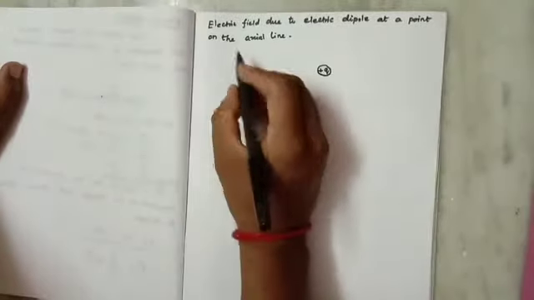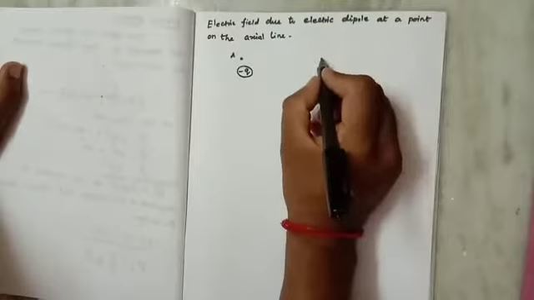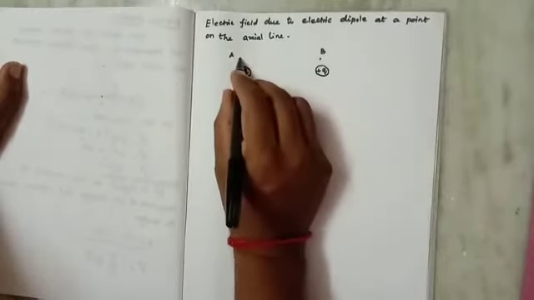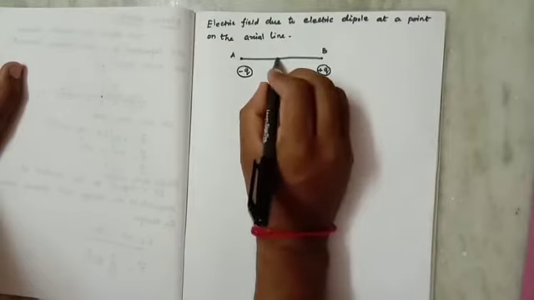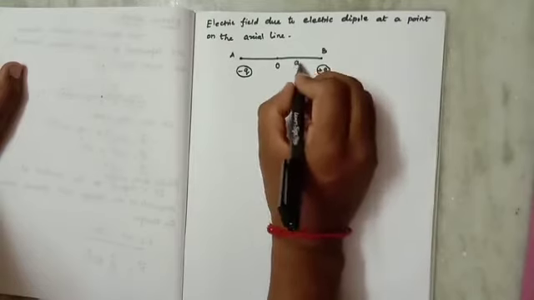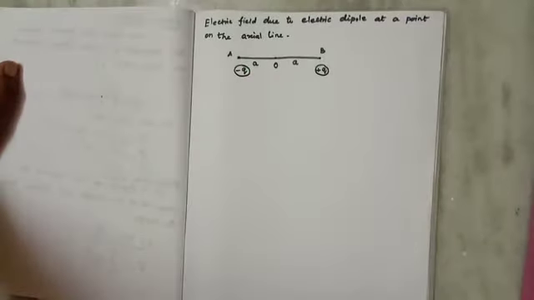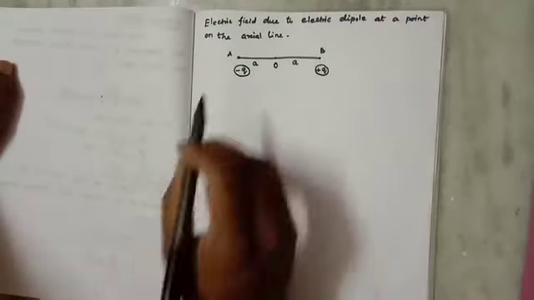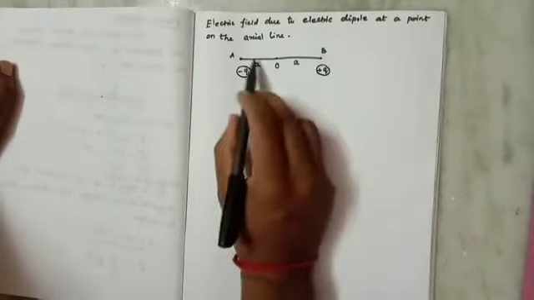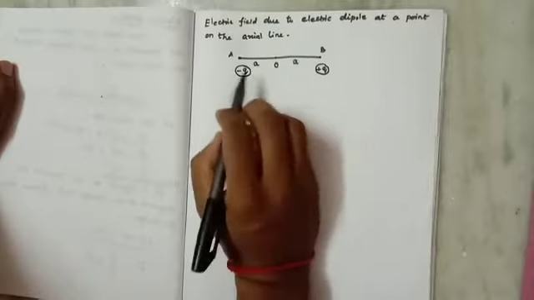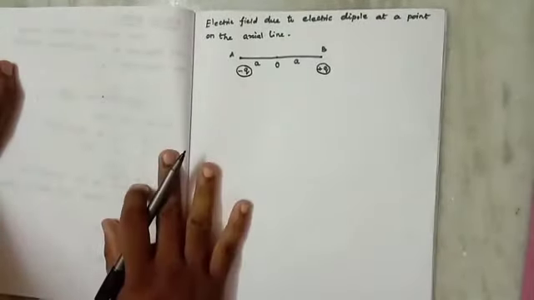Here this minus q is placed at a point A, the plus q is placed at a point B. Each is placed at a distance a from the midpoint. Here we consider the point A, this is a point B. The distance between them is 2a. The minus q is placed at A, plus q is placed at B.